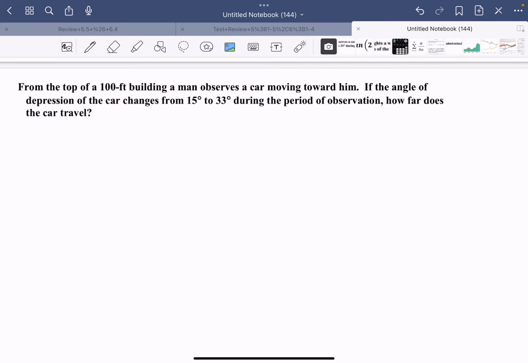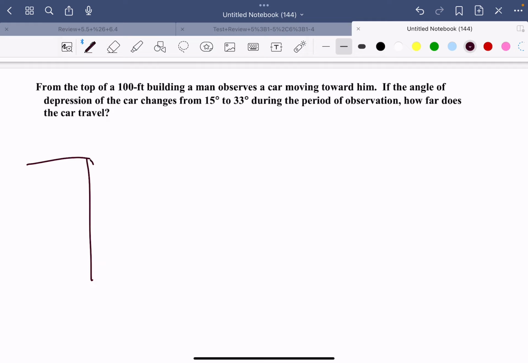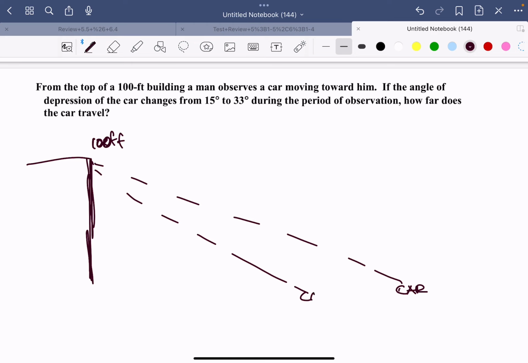So I'm on top of a 100-foot building, so this is 100 feet, and he sees a car. Here's the car, and the car is going this way. Since it's coming towards him, later on the car is going to be here, right? Because it's going this way.